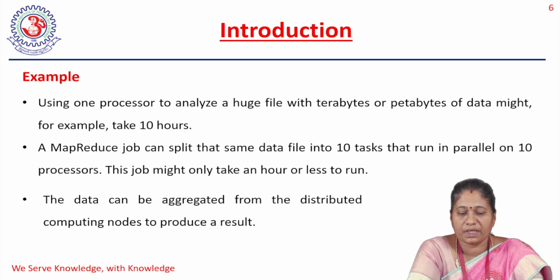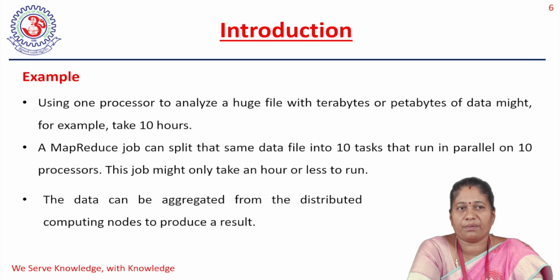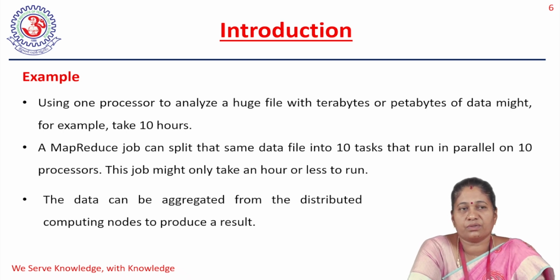Instead of taking 10 hours, the huge file is split into 10 different tasks, and those tasks are fed into a parallel system. I assign the 10 tasks to 10 different processors, so all the work will be completed within 1 hour or 30 minutes. Instead of 10 hours, I complete that huge file in 1 hour. That is the main purpose of the MapReduce concept.